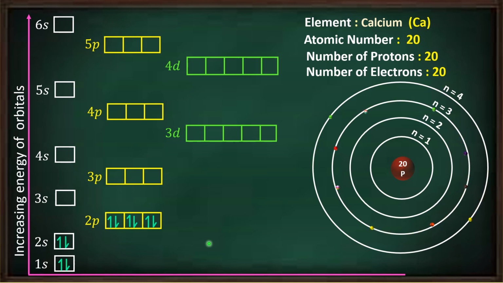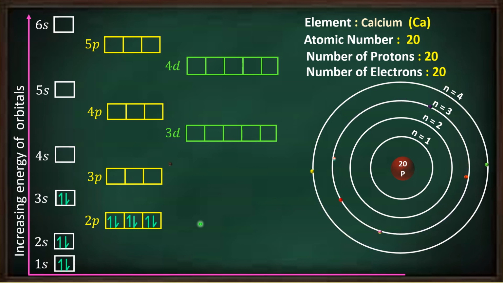So still 10 electrons are there to go. 2p is completely filled. Then electrons enter into 3s. 11th electron enters into 3s. Next, 12th electron pairs up with the electron already there in 3s. 3s is completely filled. Then electrons enter into 3p.